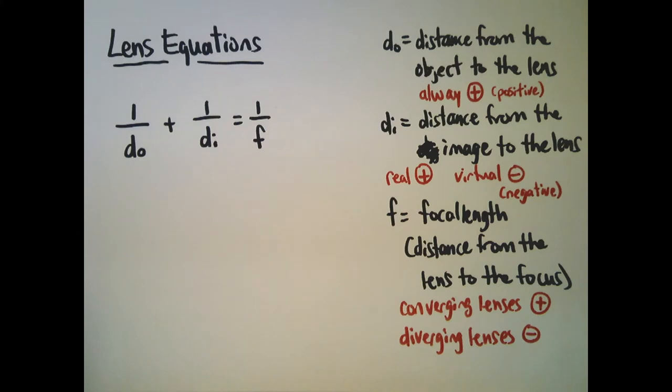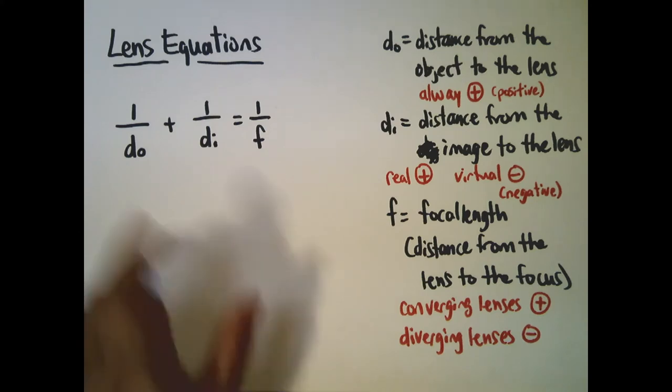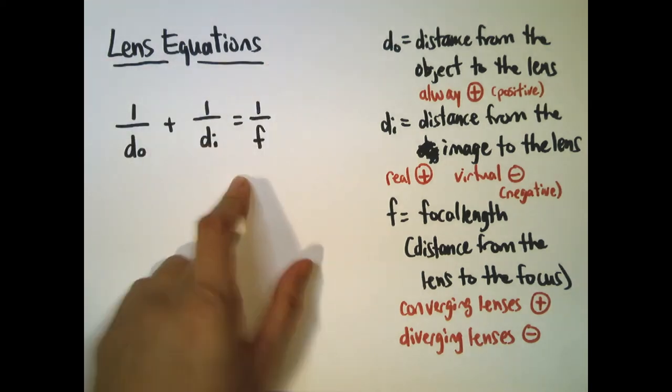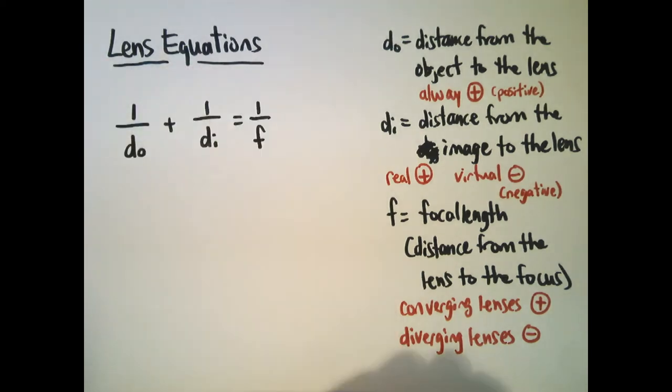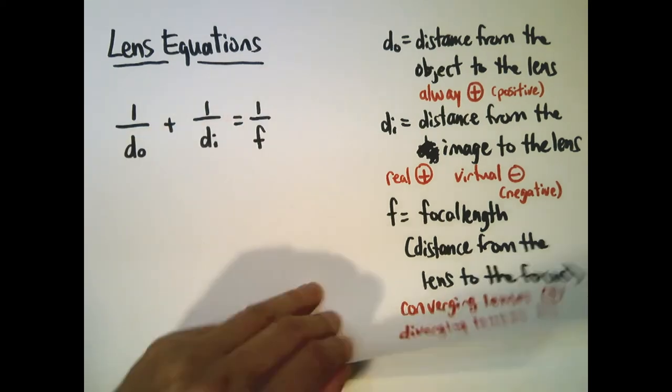All right, let's do an example. Now, some of you are going, okay, she is missing an equation because it says lens equations. We're going to deal with this equation first, and then I will introduce the other equation after.